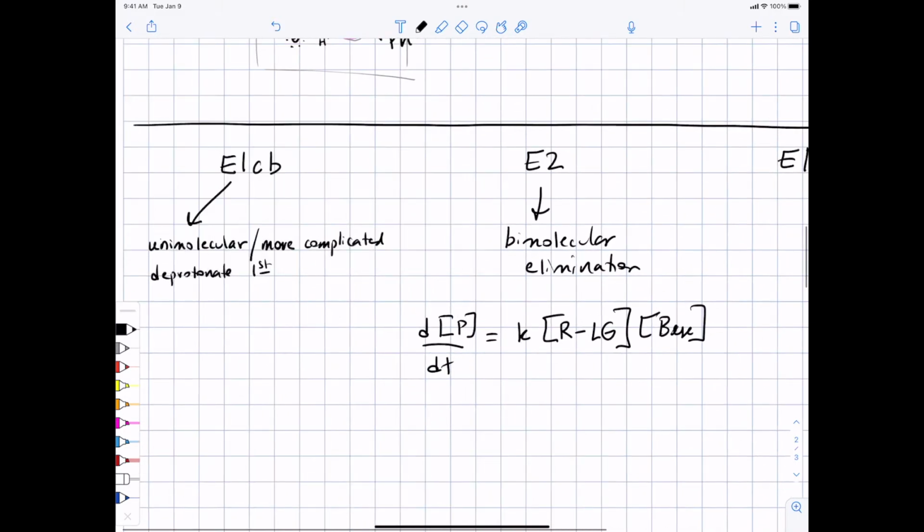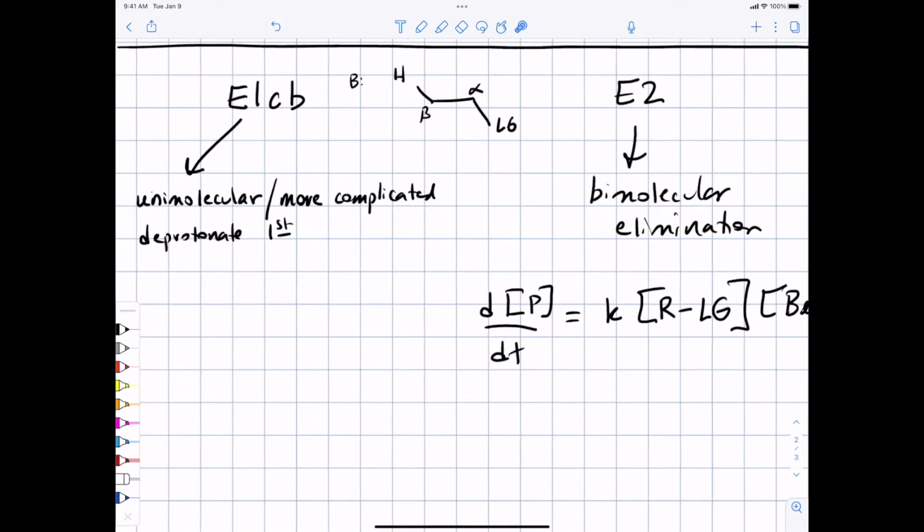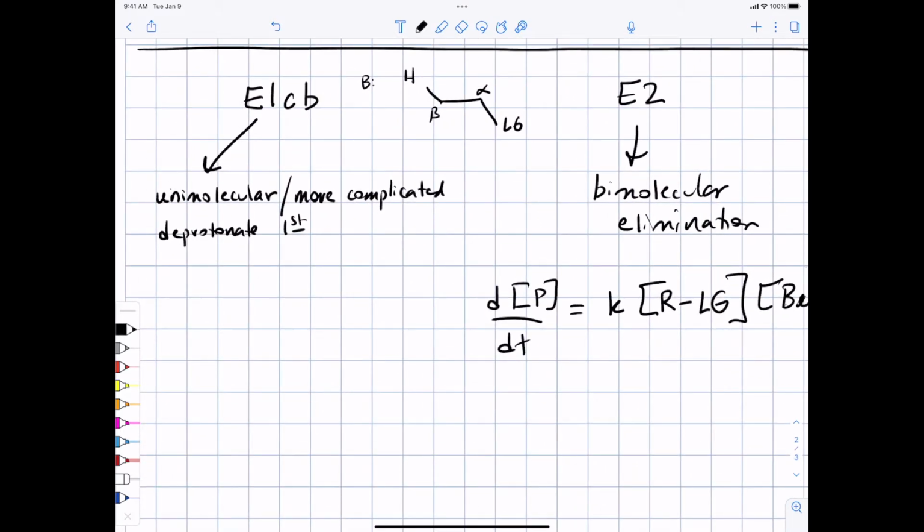Remember, the elimination reaction removes a proton on the beta carbon, you've got a leaving group on the alpha carbon, and we're going to eliminate to get an olefin. And so whether we deprotonate first or the leaving group leaves first, or whether it happens at the same time, is sort of what we've got here. In the E1CB, we're going to deprotonate first, and that is rate determining, and then leaving group leaves is fast.